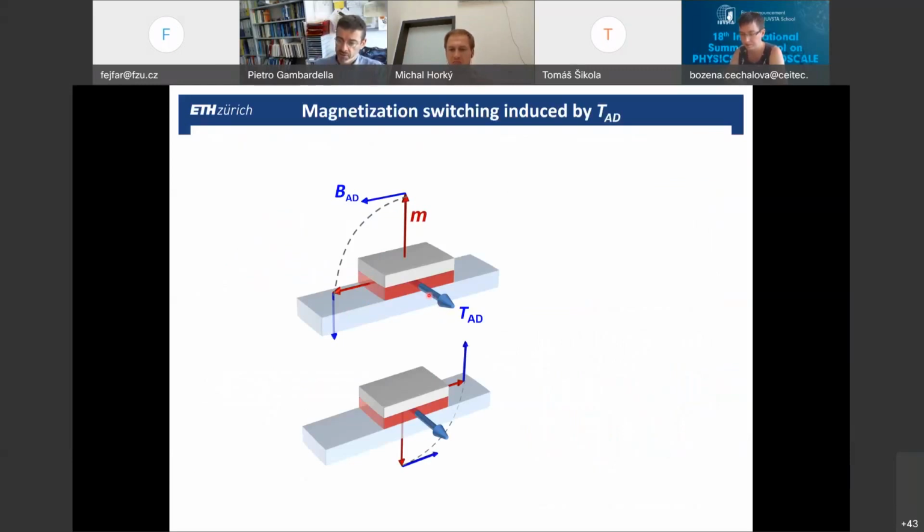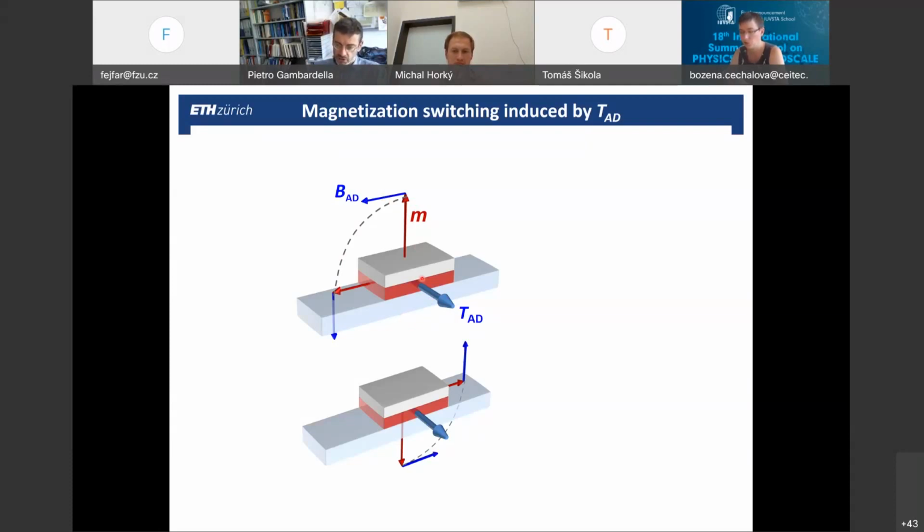If you create a spin current that is oriented in plane, when this spin current is absorbed, this corresponds to a change of angular momentum, so to a torque in the same direction as the spin polarization. This torque corresponds to an effective field that tends to rotate the magnetization in a macrospin picture.